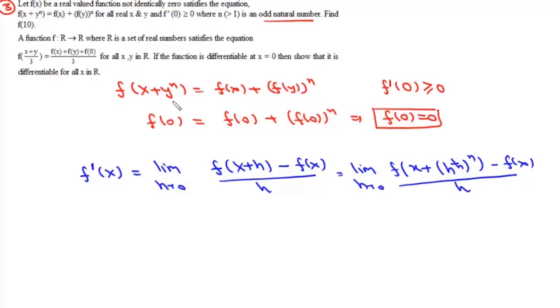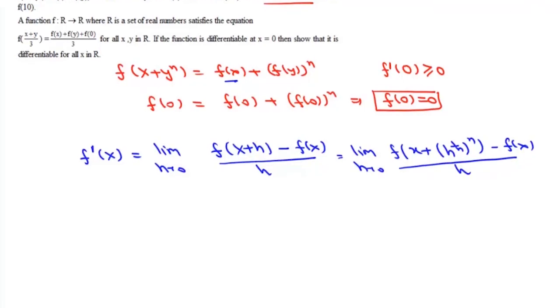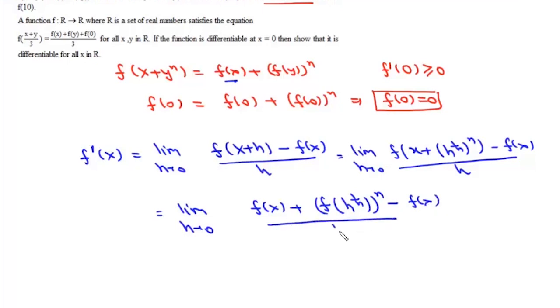Now we know that f((x plus y) to the power n) is (f(x) plus f(y)) to the power n. So we can write this as this limit h tends to 0, ((f(x) plus f(h) to the power 1 by n) whole to the power n) minus f(x) divided by h.